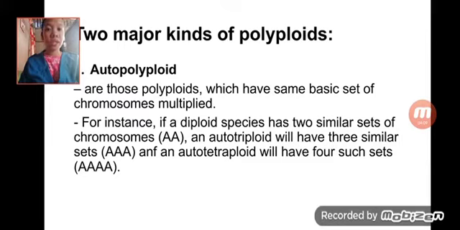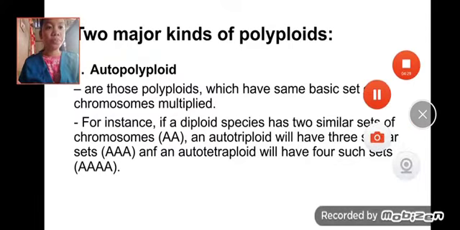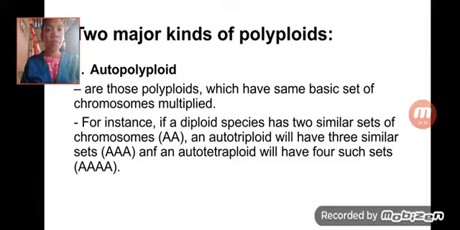For instance, if a diploid species has two similar sets of chromosomes, an autotriploid will have three similar sets, and an autotetraploid will have four such sets. Autopolyploidy is a type of euploidy wherein the additional set of chromosomes is derived from a parent or identical parental species.